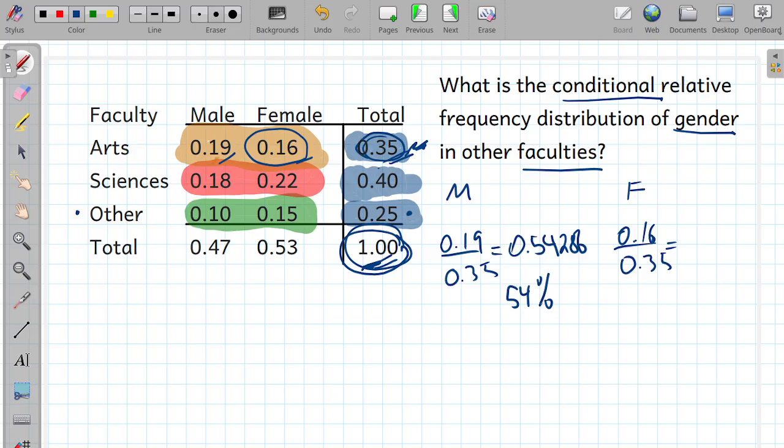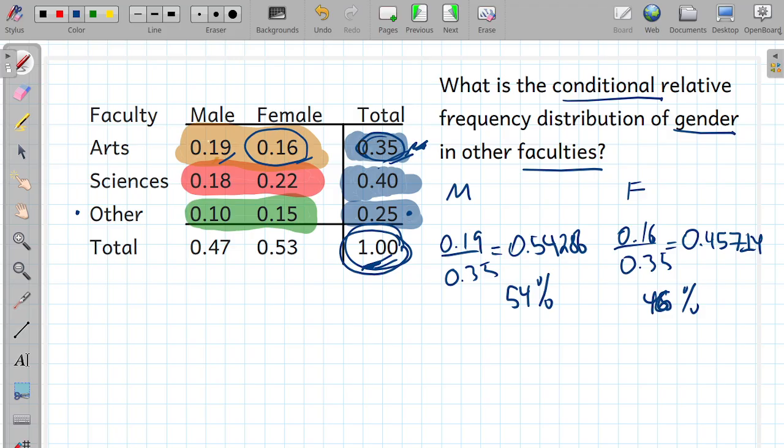We'll quickly check that: 0.16 divided by 0.35 gives us 45.7, so this is 46% if we're rounding properly. Good enough. So that's what we have to do with this stuff.